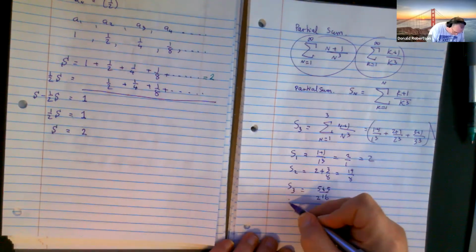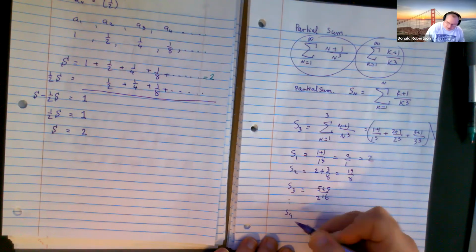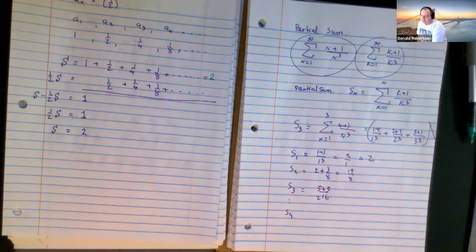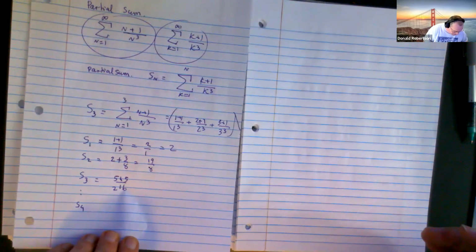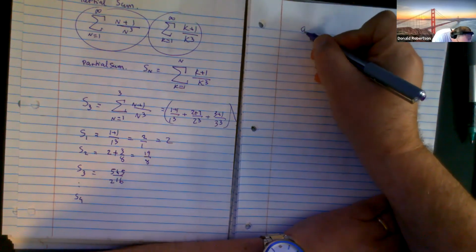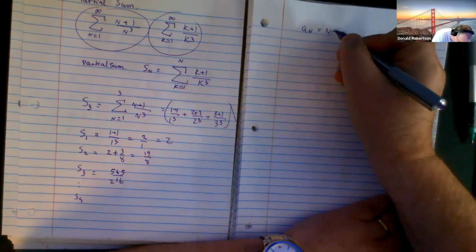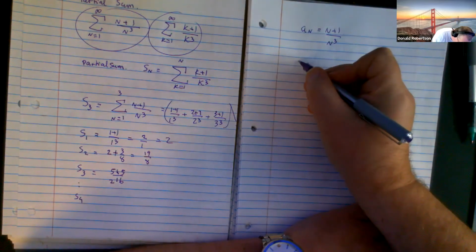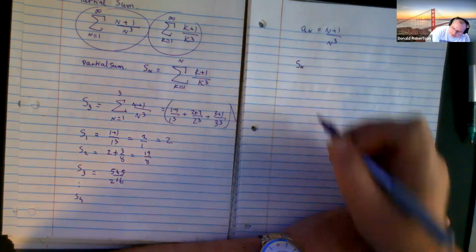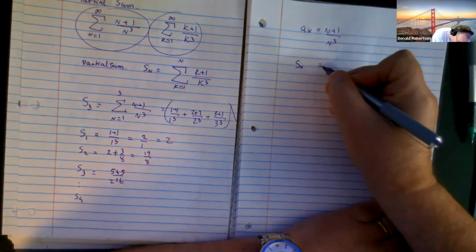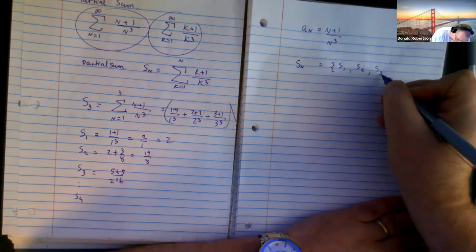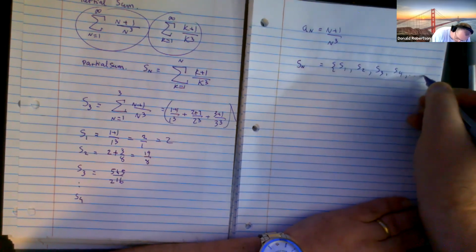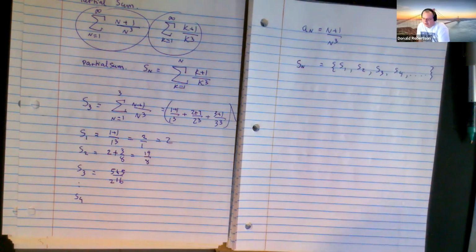Now, if I wanted to, couldn't I do S4, S5, S6, the 90th partial sum? Now, what happens then is, can you imagine that you start off with a sequence, which is that guy, and then can't you find the partial sums? If you write the partial sums as its own sequence, I know that sounds like a snake eating its tail.